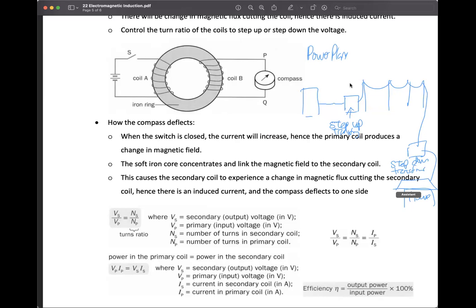So in a power plant, when you produce electricity, before it transmits a long distance to your house, there will be a step up transformer. Then there's a step down transformer. Then it goes to your house. Is that clear? Any questions for me?